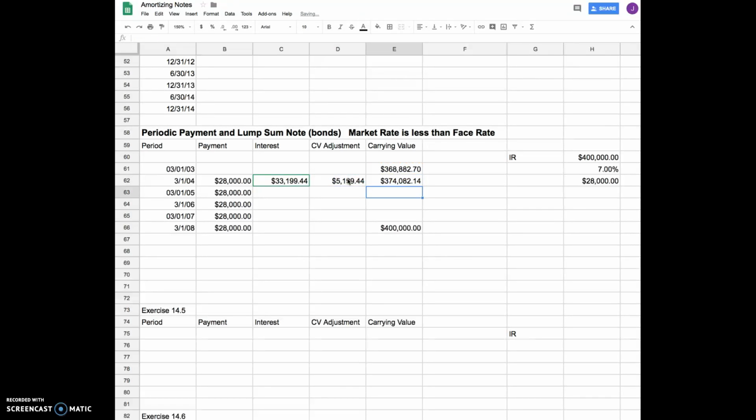To do the next one, I would do equal sign carrying value times, again, 0.09, and if I wanted to show it, divided by 1. Then this one is just as simple: equals the interest owed minus the actual interest paid. It gives me a new adjustment. So this adjustment is equal to the carrying value plus the new interest payment. Then I could just copy these formulas down.